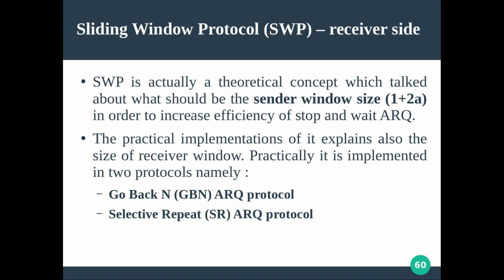So two variations were there, Go Back N or GBN, and Selective Repeat or SR protocol, and ARQ is the general term used when you use the timer and all. So the protocol is now ready to work in a general noisy channel. That is the meaning of ARQ protocol. We will see the significance of the names when we move on to the discussion.